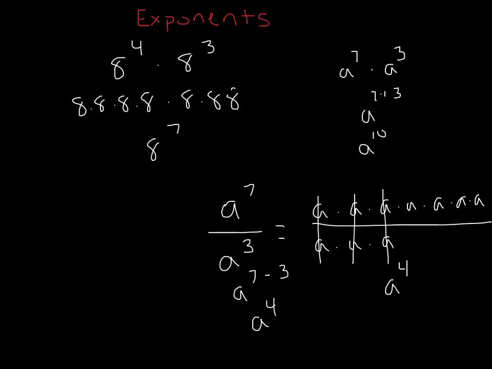So pretty simple concepts there with multiplying and dividing. Remember, if you're multiplying or dividing with the same bases, when multiplying you add the exponents, and when dividing you subtract the exponents.